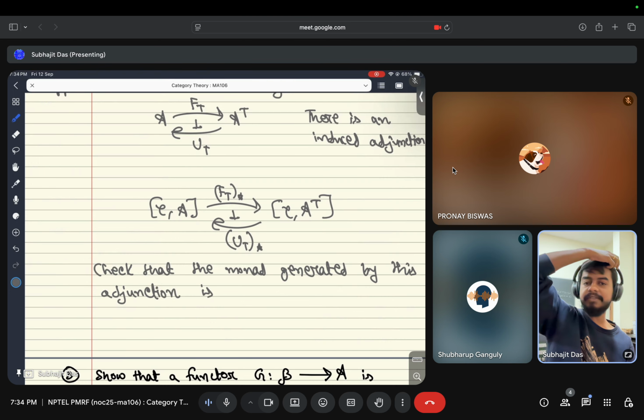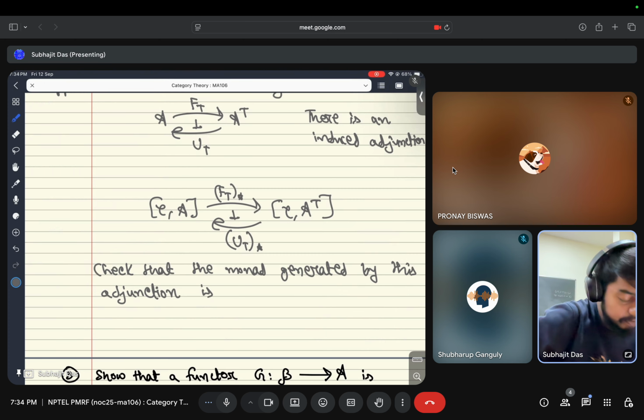What is the functor part of the monad generated? That is UT star composed FT star, which is exactly UT composed FT composed with something. This is your functor, which means it is T composed with something, which means that it is T star. So the monad generated by this adjunction is T star, and you can check the multiplication and the unit.